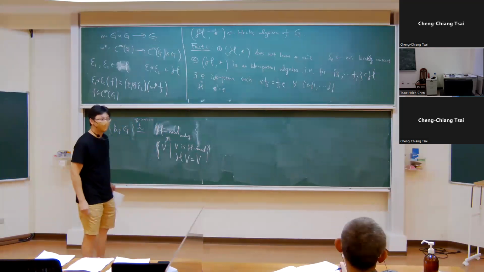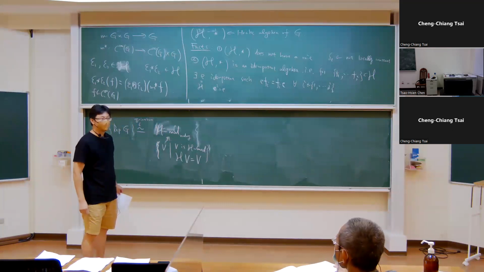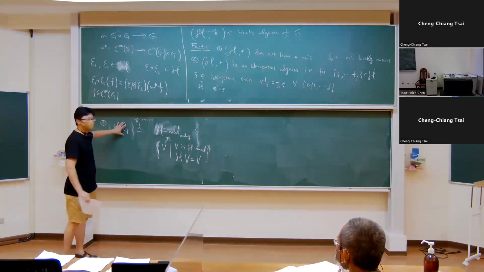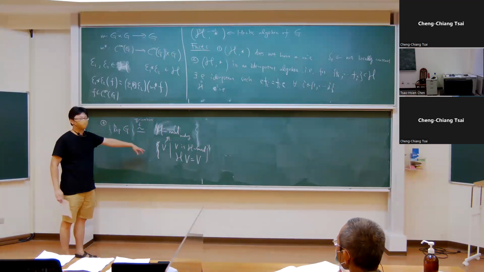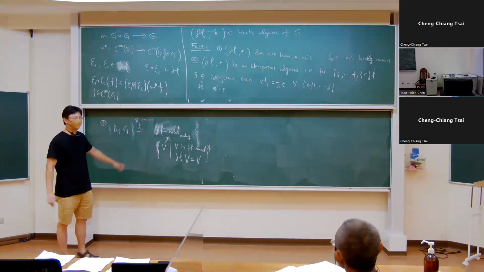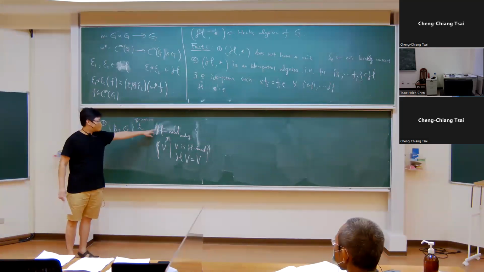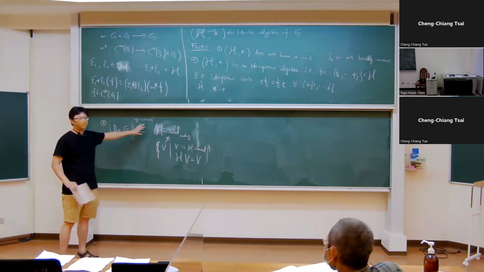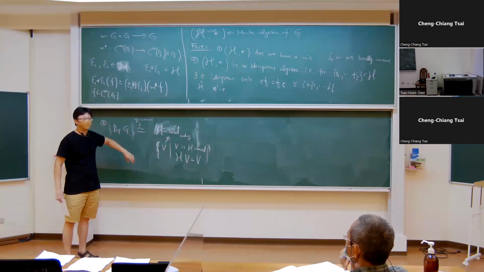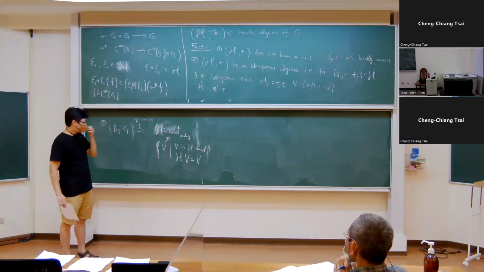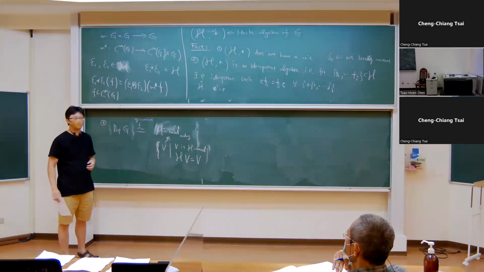Any smooth representation gives you a module, right? Yeah, I need to explain what the action is. So you have a representation V. What is the H module structure?